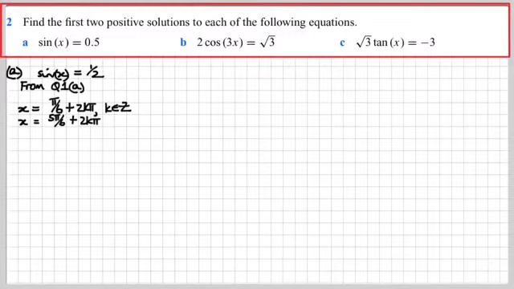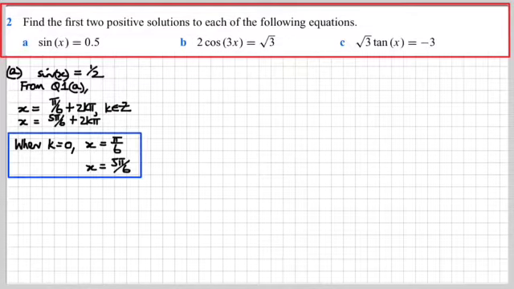The solutions are x equals pi on 6 plus 2k pi, where k was an integer, or x is 5 pi on 6 plus 2k pi. And now we've got to find the first 2 positive solutions, all right? When k is 0, x is pi on 6 or 5 pi on 6, and they are obviously the first 2 solutions, guys, because that's quadrant 1 and quadrant 2.